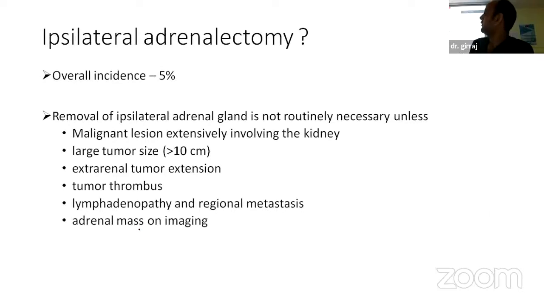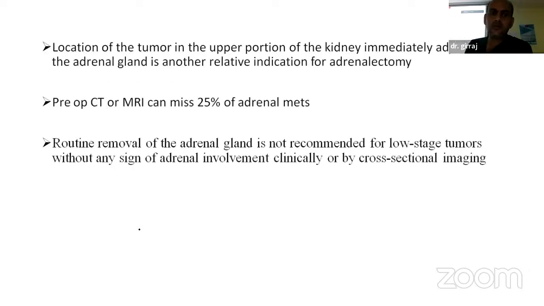Ipsilateral adrenalectomy. Adrenalectomy is done when there is involvement of the adrenal, or a tumor at the upper pole, a large tumor, or a tumor having lymphadenopathy or venous thrombosis. Location of the tumor in the upper portion of the kidney immediately adjacent to the adrenal gland is another relative indication for adrenalectomy.